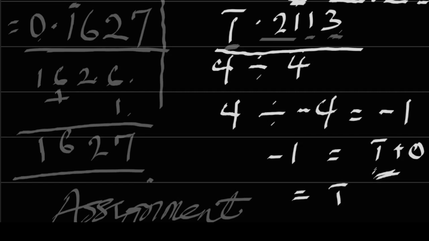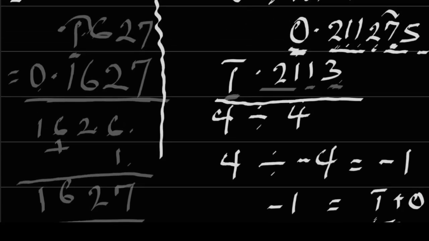That is, we have to check the anti-log table. We have to check the anti-log table. So in the anti-log table, we are going to check 0.21 under 1.